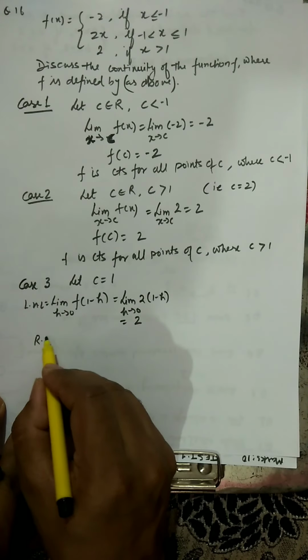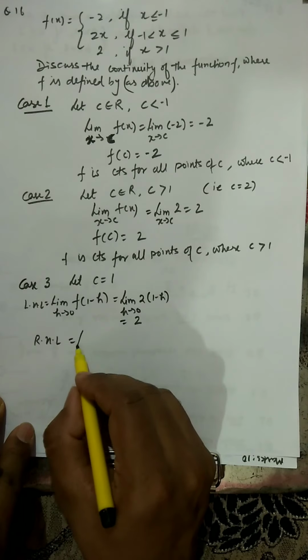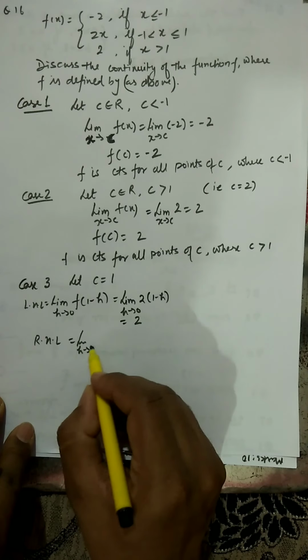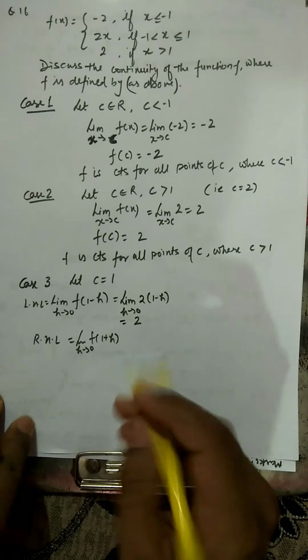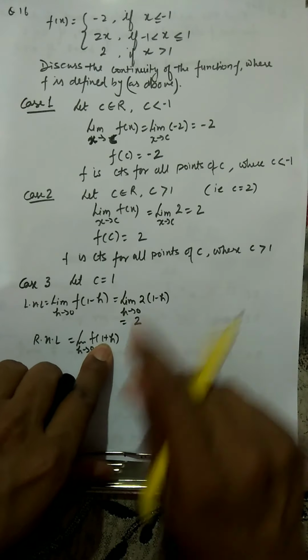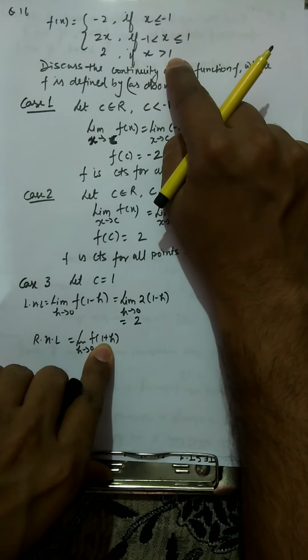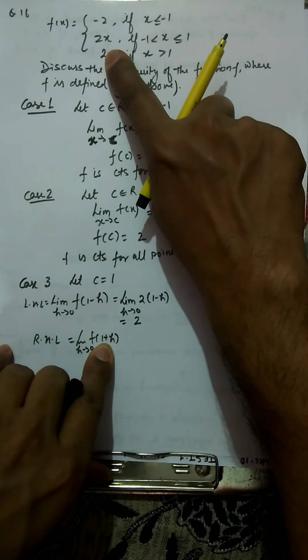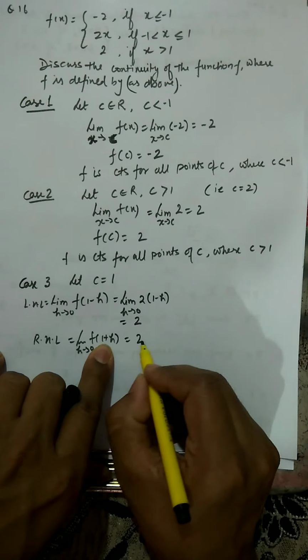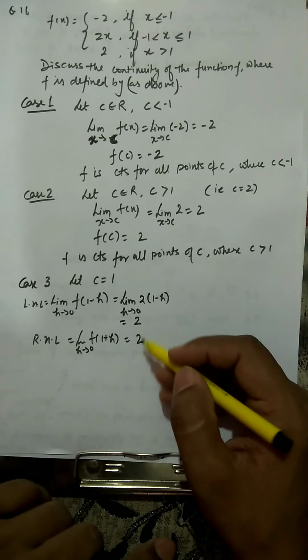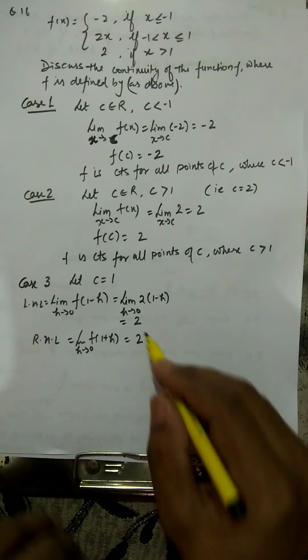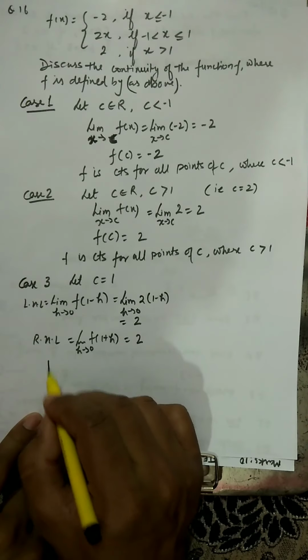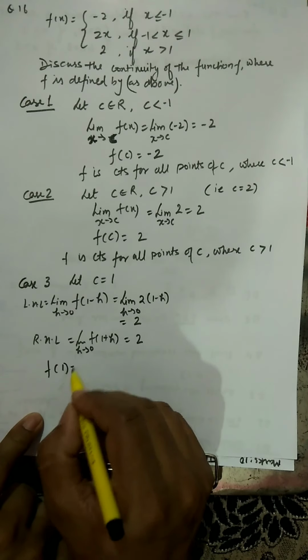Now come to the right hand limit. The right hand limit will be limit h tends to 0 of f(1 + h). For 1 + h, it will be more than 1, and if it is more than 1, the function's value is 2. So your limit is going to be 2. You can see up to this point both limits are equal. Now come to the value f(1).